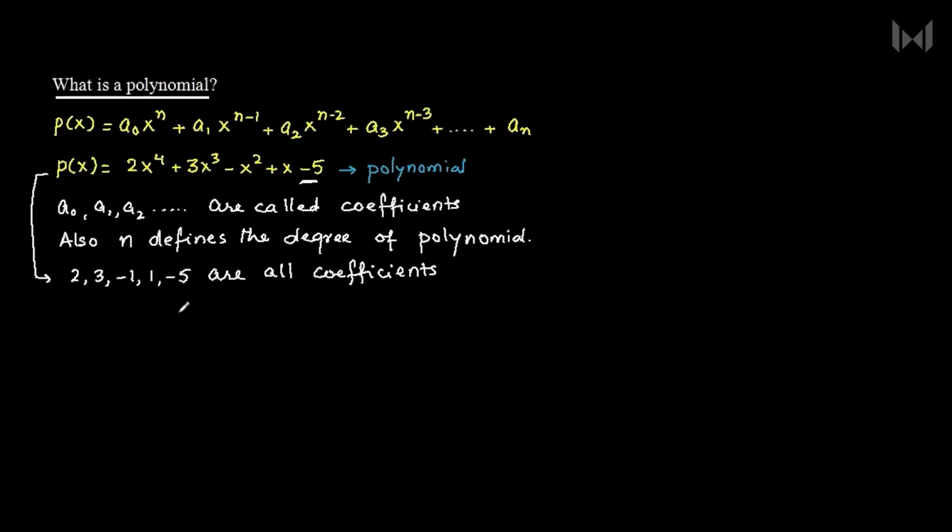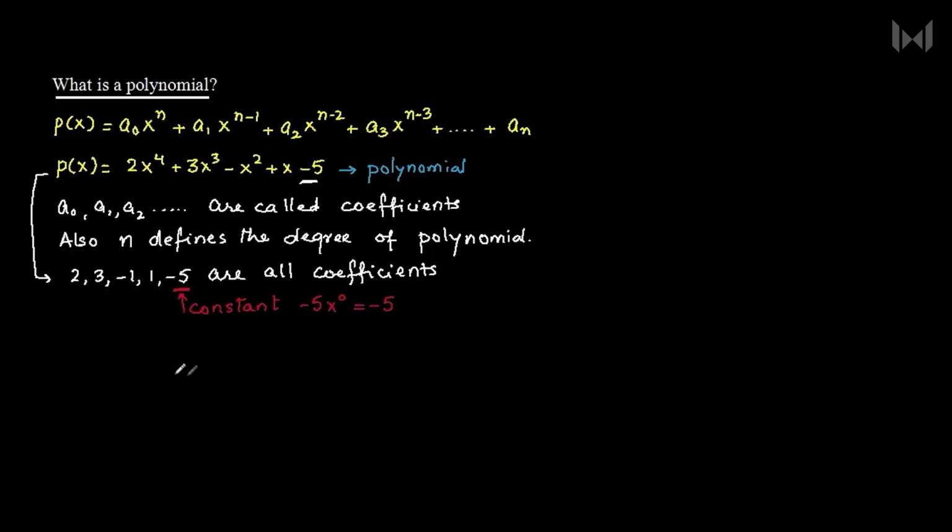Even though we can say it's a coefficient, it's known by another name, which is called a constant in the given equation. So anything which is associated with x, any power of x, is called a coefficient, and something which is without x is called a constant. No doubt, even with 5 we have an x. This minus 5 is basically minus 5 x to the power 0, but we know x to the power 0 is 1, and that is the reason why we only write minus 5.